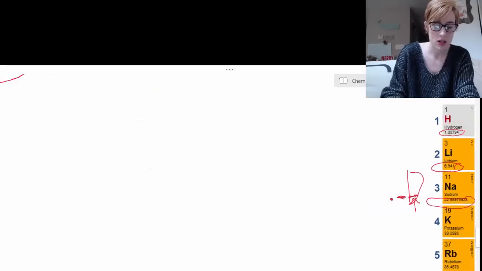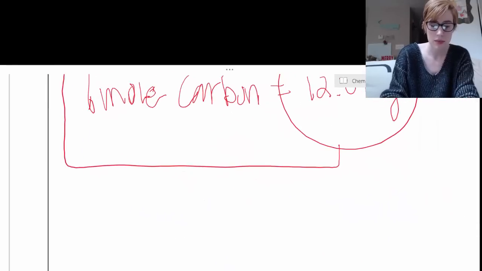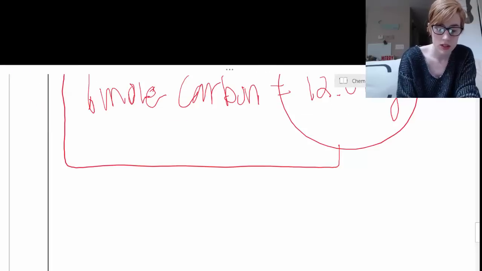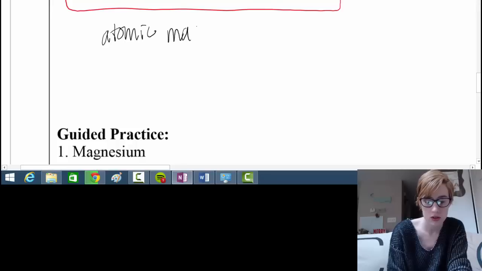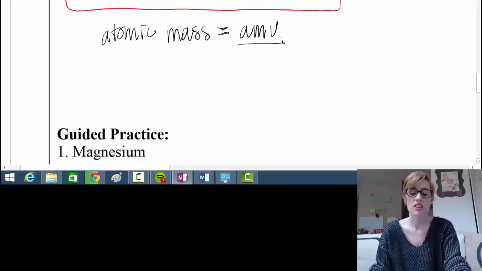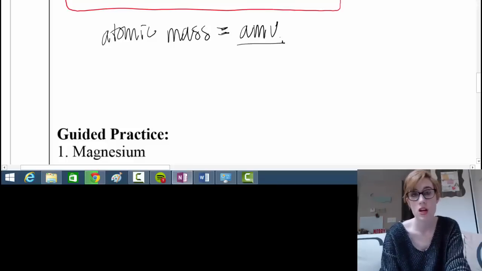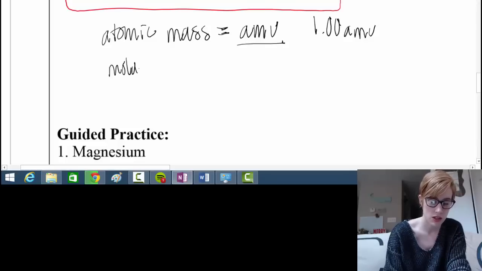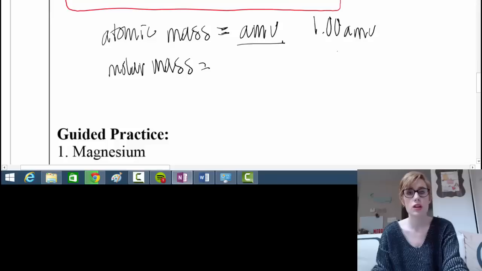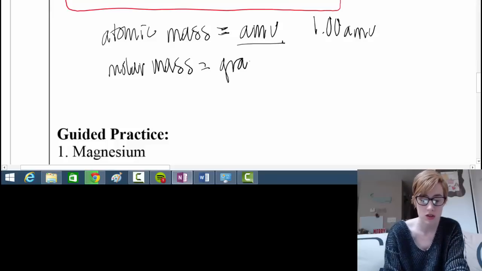One clarification I want to make is the difference between atomic mass and molar mass. So atomic mass is always given to you in AMUs. That's atomic mass unit. So the atomic mass of hydrogen is 1.00 AMUs. The molar mass of hydrogen is the same number, but it's a different unit. Molar mass is always measured in grams, okay?